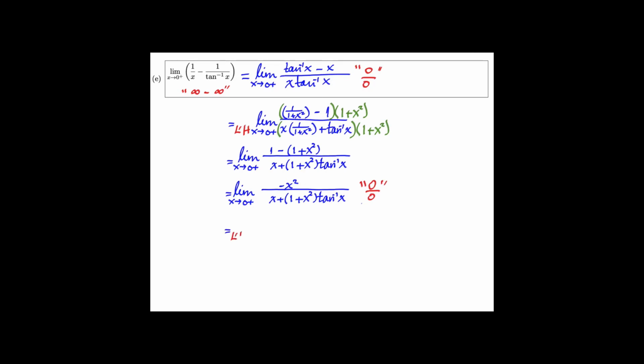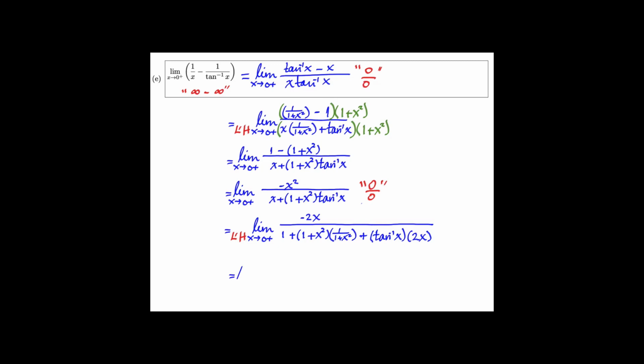So let's do it. So we get the limit as x approaches 0 from the right of negative 2x over 1 plus, and now I've got to use the product rule. It's the first times the derivative of the second plus the second times the derivative of the first.